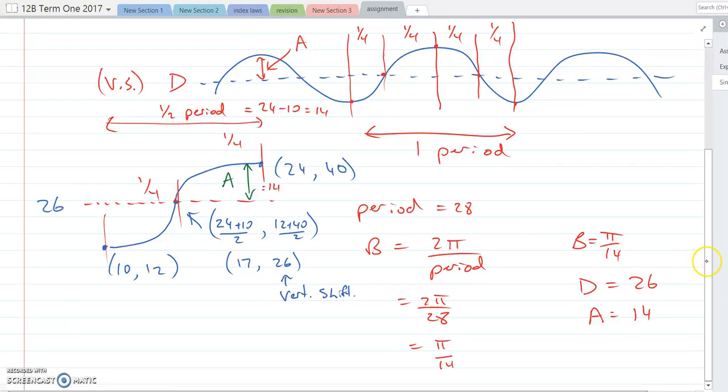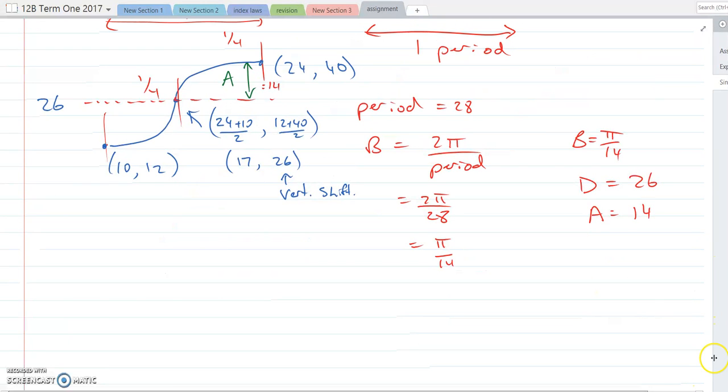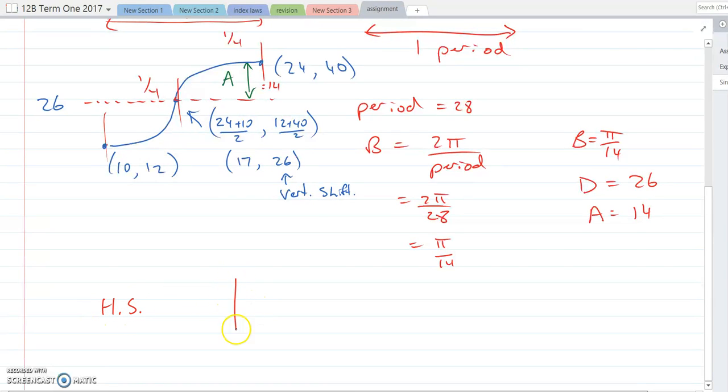Now the horizontal shift is the trickiest one. Normally a sine curve will begin in the middle, heading up. This point here is where my sine curve begins, which is normally at the origin.